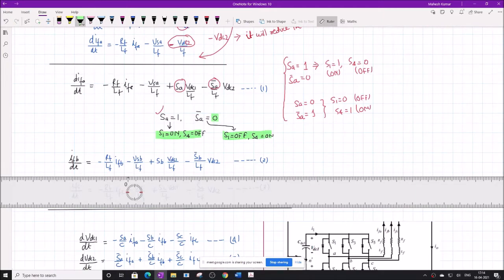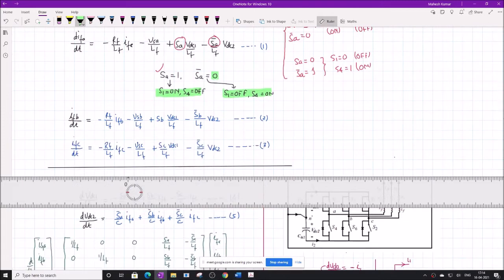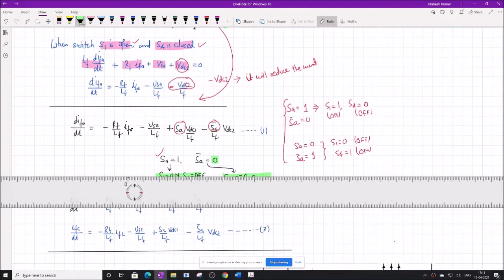So this SA and SA bar account for a single equation for inverter leg A. You need not write two equations for two conditions. This will take care of it. If SA is 1, then SA bar will be 0. When this is 0, this is 1. So anyway, one term will come into the picture.